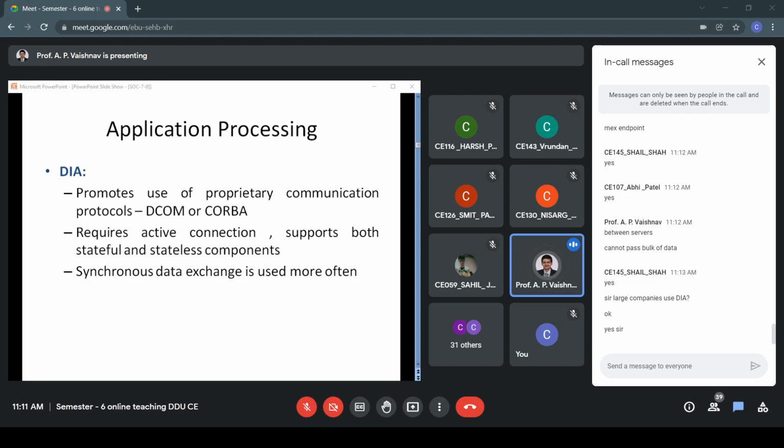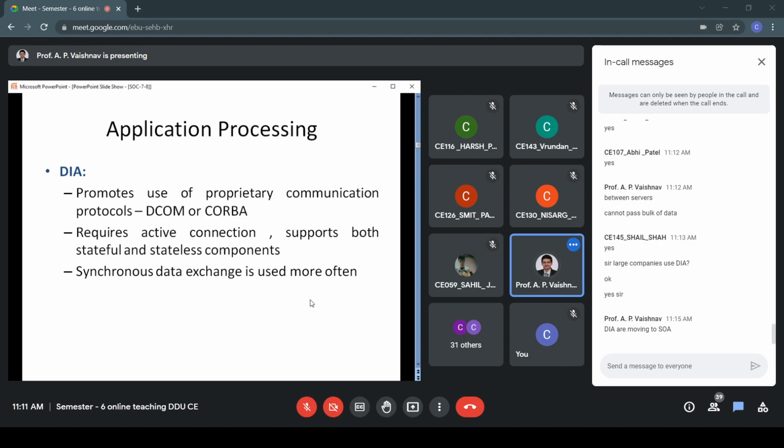Whoever is using pure DIA, or you can say the old version, is actually moving to SOA, right? And that transition you should know, right? So if you are given a task to convert an old DIA system into the latest SOA design, you should know all these points. That's why we are taking time on this comparison, right?